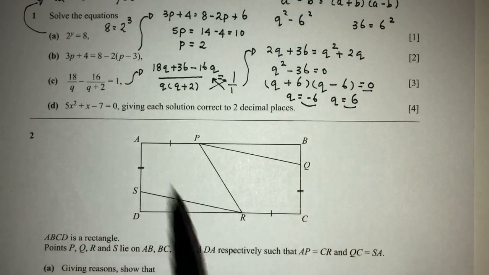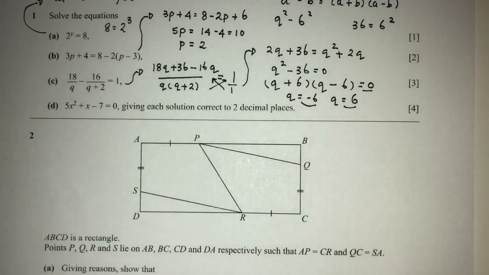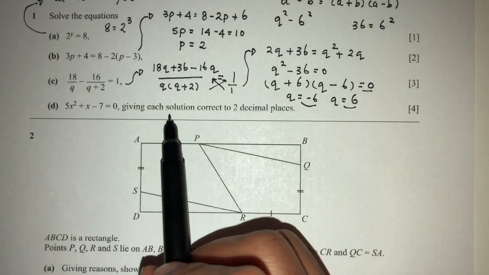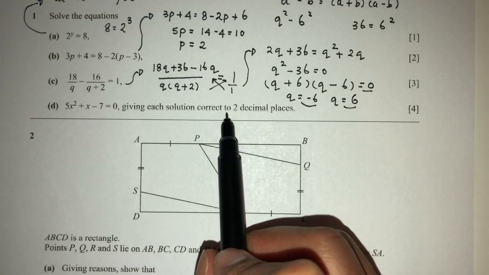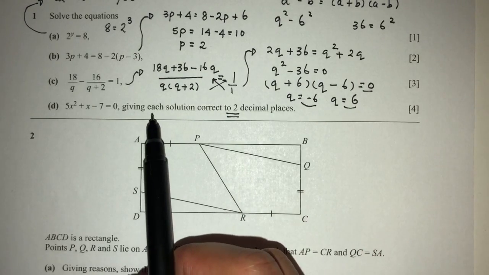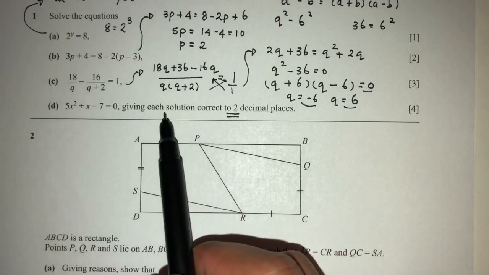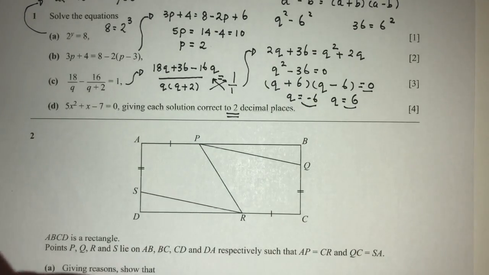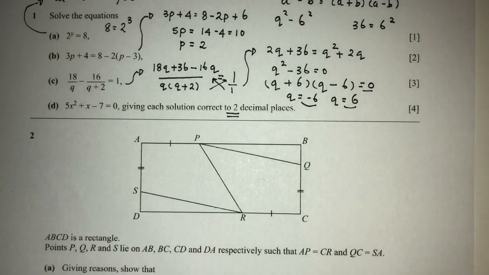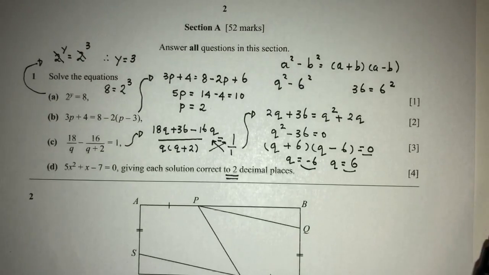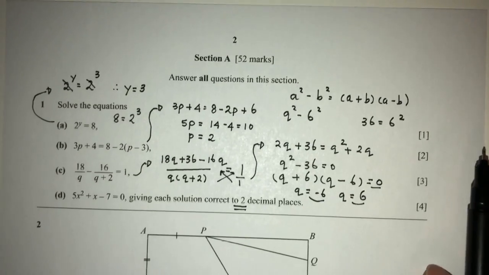Now for part D, we have to solve this one, which means find the values of x. Give each solution correct to 2 decimal places. Now, whenever you see they are asking you for a solution correct to decimal places, it means that the answer will not be exact, and because of that we have to use the formula, right? So let me write this down here on top.